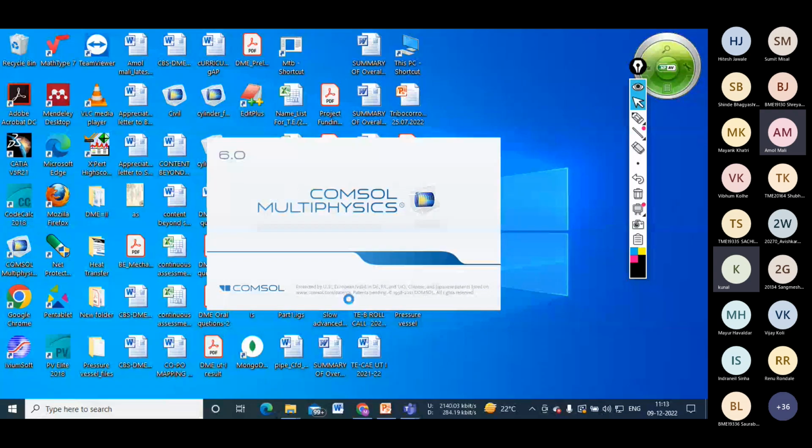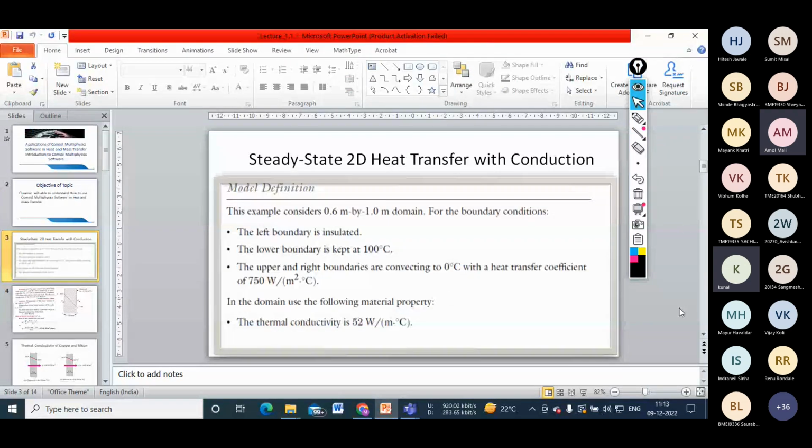Okay, before this we will see the numerical which we are going to solve. This example considers a 0.6 meter by 1 meter domain.